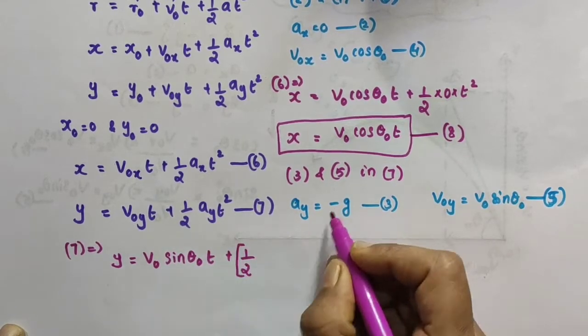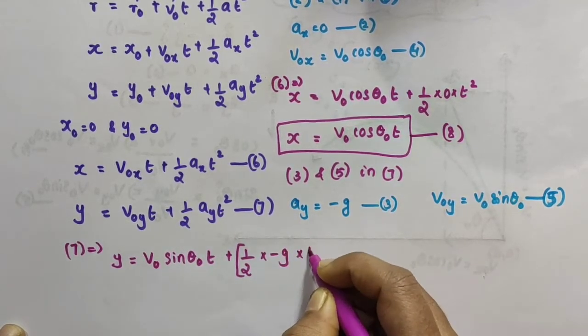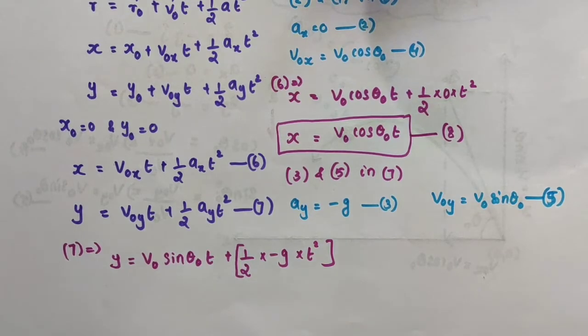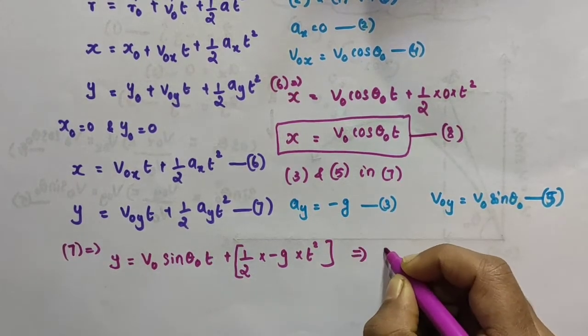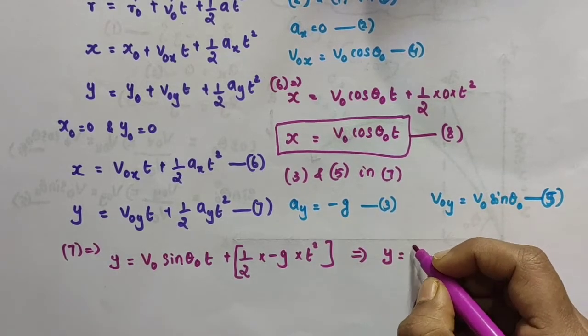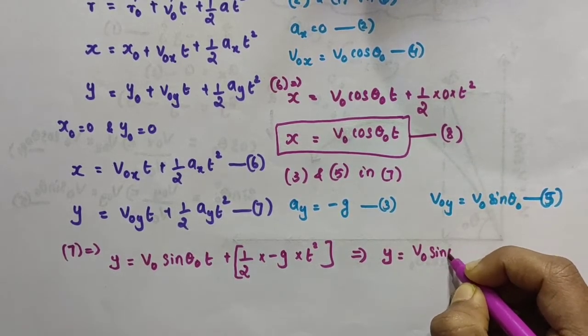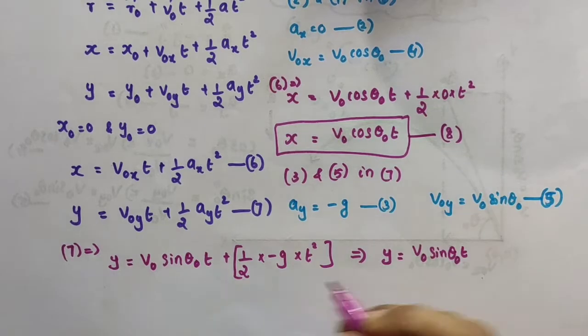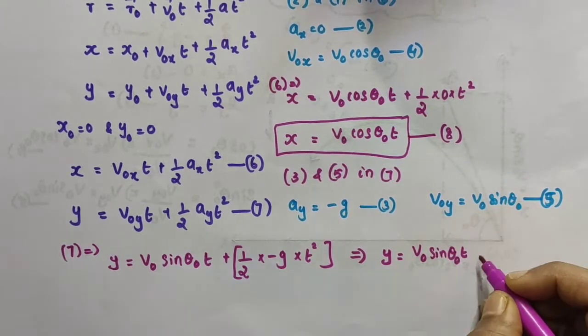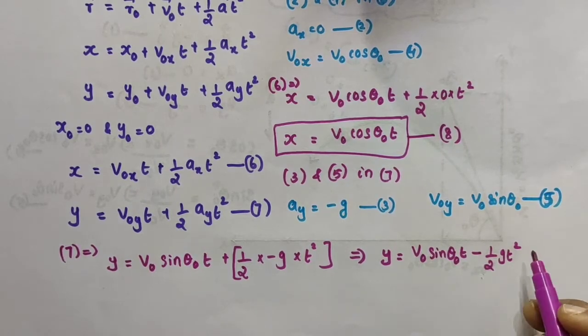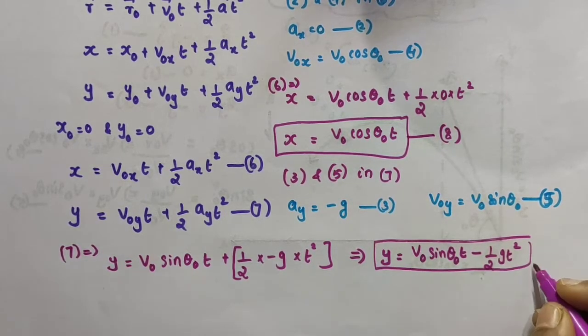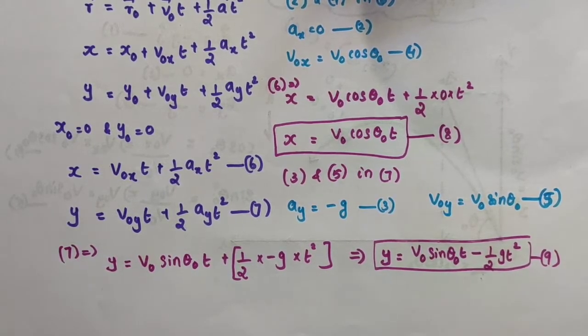What is ay? ay is minus g, into t square. So this becomes y equal to v0 sin theta 0 into t minus half g t square. I am taking this as equation number 9.